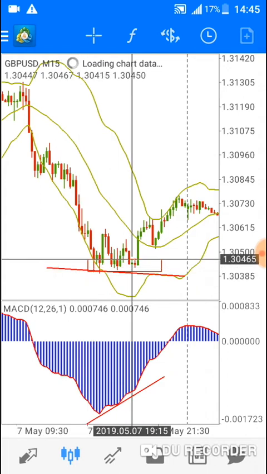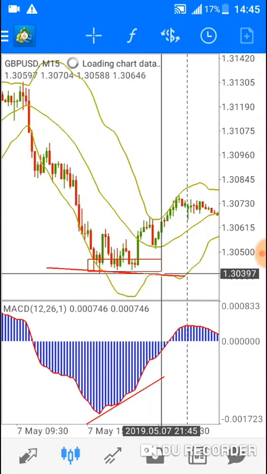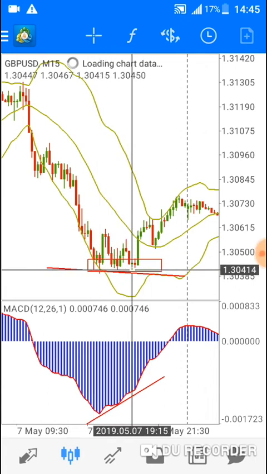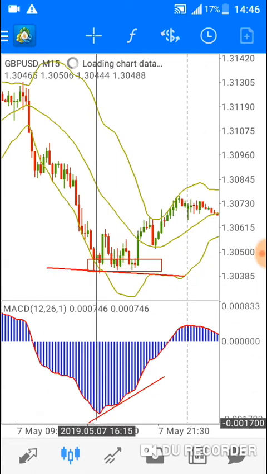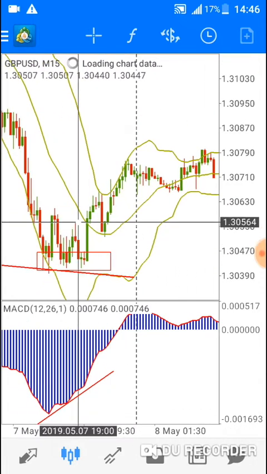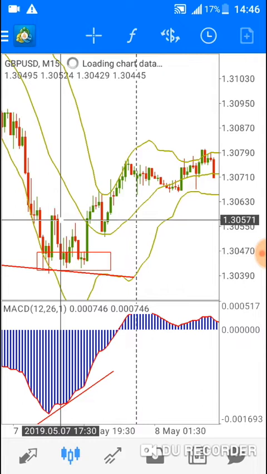This is a triple bottom, so the price is consolidating in one place, but the MACD is moving up, meaning the price is likely to go up. And as you can see, the price went up nicely and we made our 20 pips.